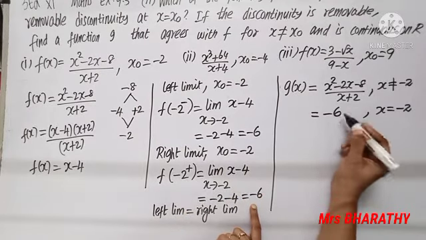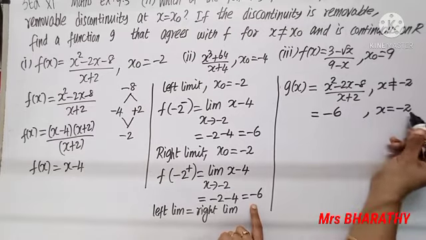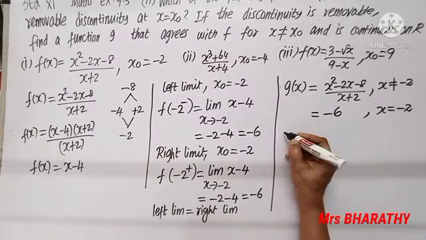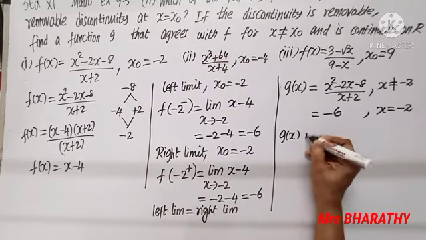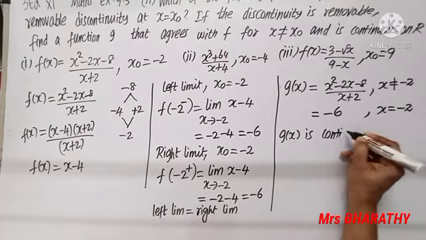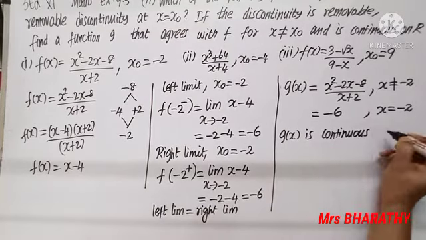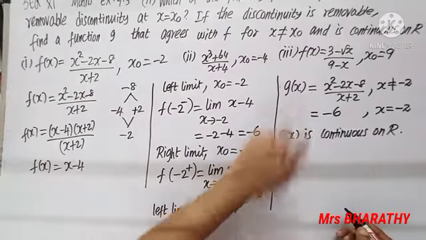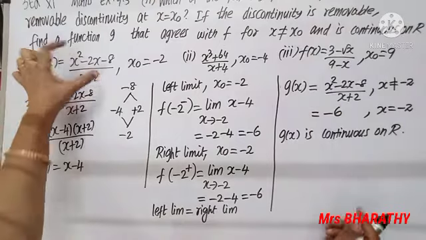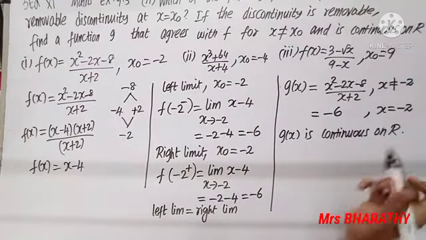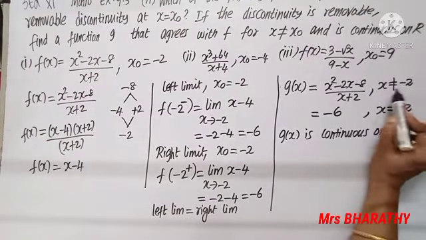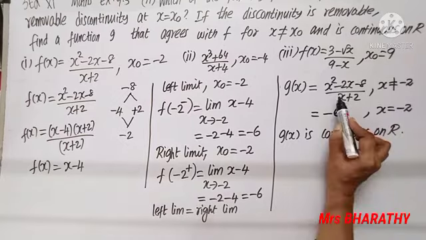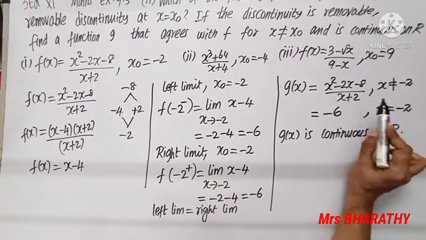Assume the limit value when x is equal to -2, and we will say g of x is continuous on R. So we have redefined f of x as g of x. This part we write as it is, but ensure the denominator is not 0. X plus 2, 0 means x is equal to -2.